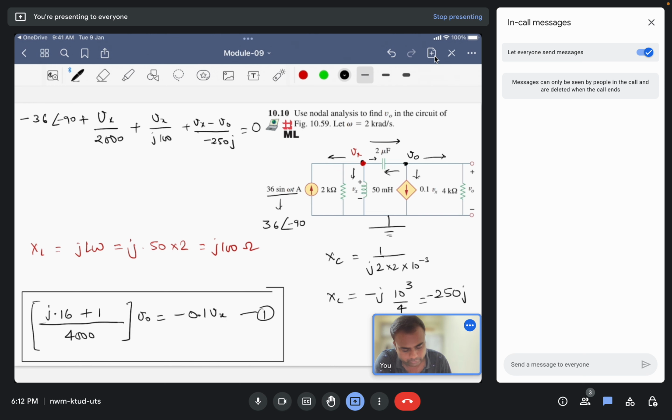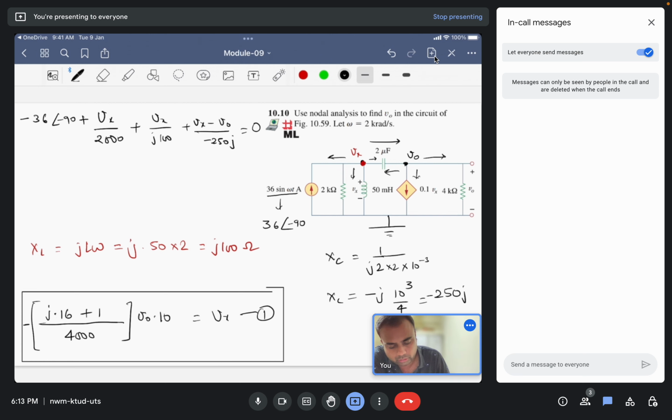I'll modify the equation, just multiply by minus 10 on both sides, LHS and RHS. The minus will take this sign away and put a minus sign here, and multiplying with 10 we get only Vx here, and here it will be multiplied by the 10 factor. So this is Vx.